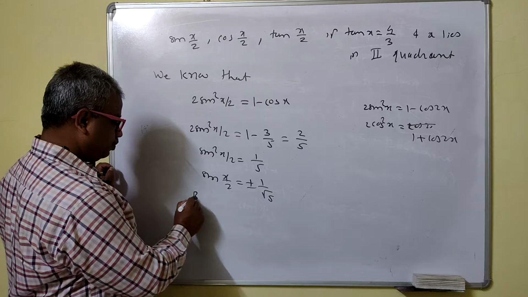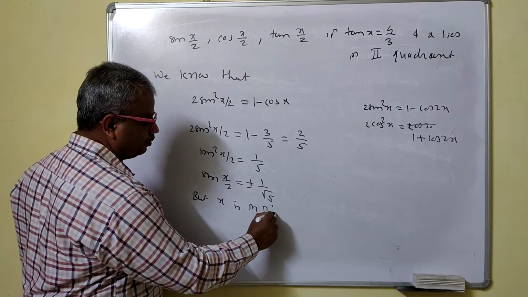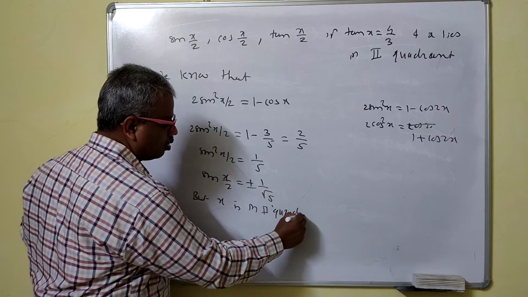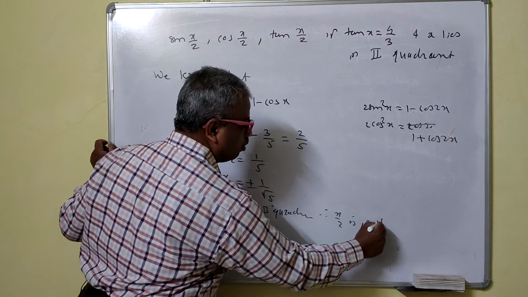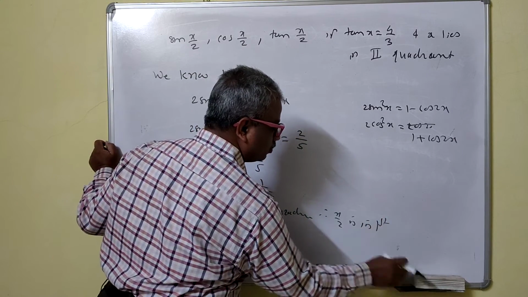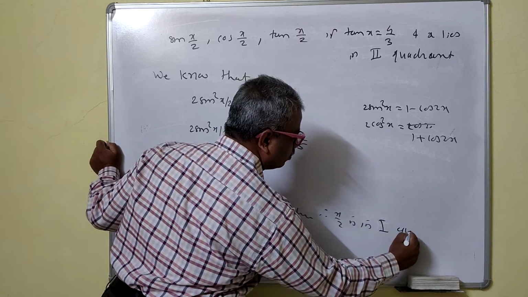But x is in the second quadrant, therefore x by 2 is in the first quadrant. So for the first one, we know this is the first quadrant.